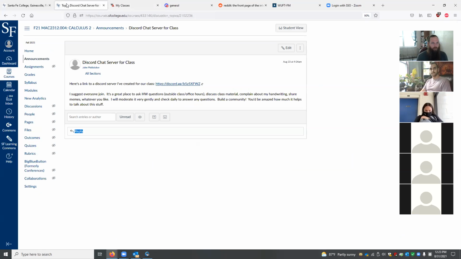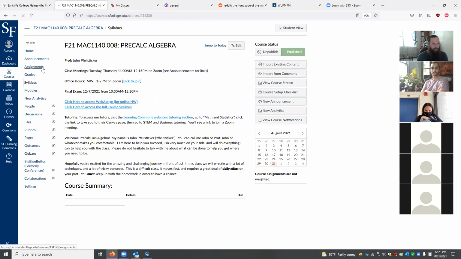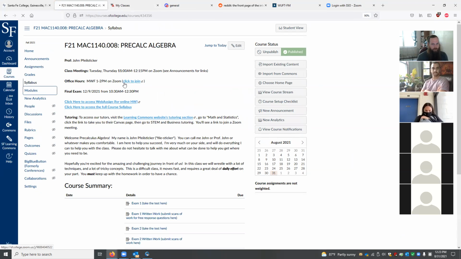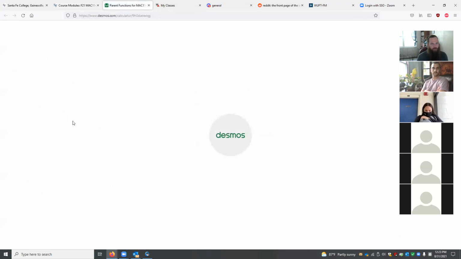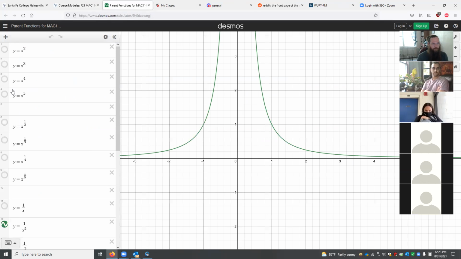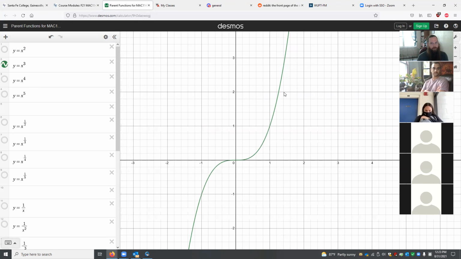If you're having a hard time remembering what some of the basic graphs look like, come over here to the modules. I do have a resource for you, and we'll use this more later in the term. Graphs of parent functions, these are like the basic functions whose graphs you should know. So if you forget what the graph of y equals x cubed looks like, just come over here and click this, and there you go, there's the graph of x cubed.